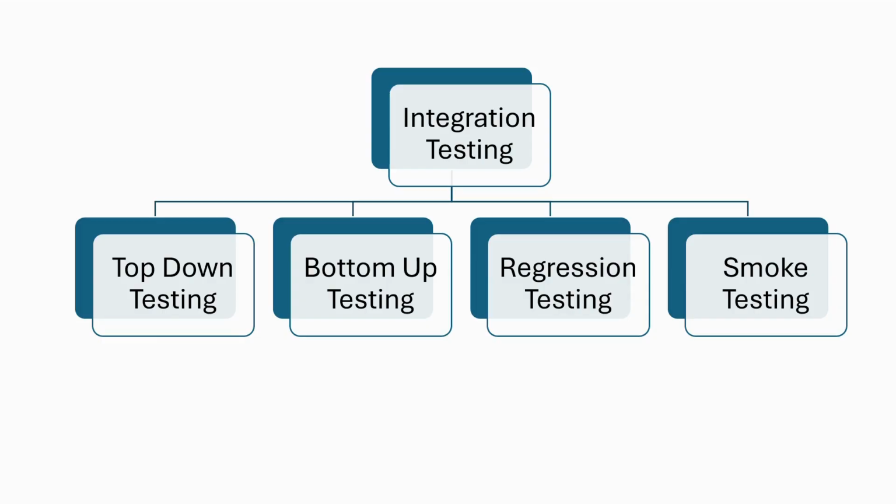If we update the version of our application or software, we check whether this new update has any negative impact or can lead to failure. This type of testing is called regression testing. Next is smoke testing.